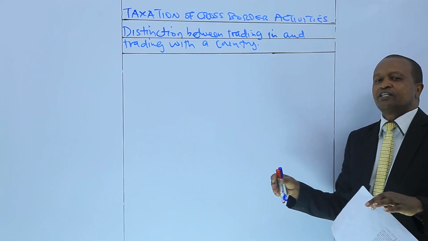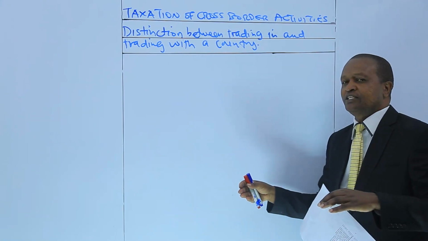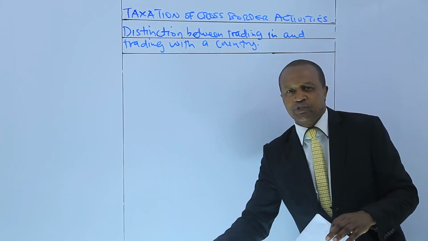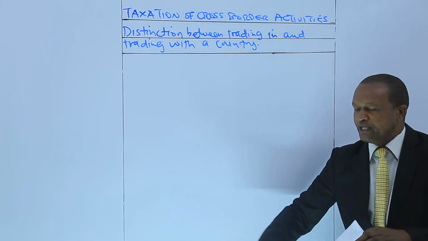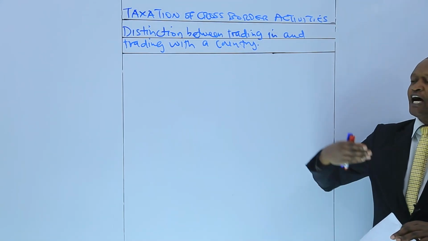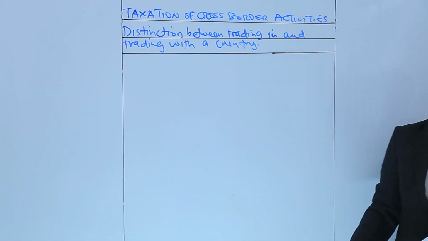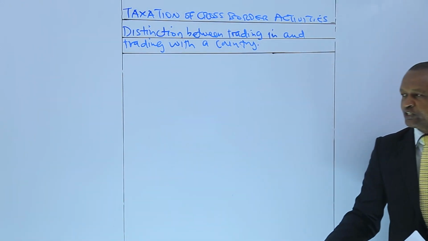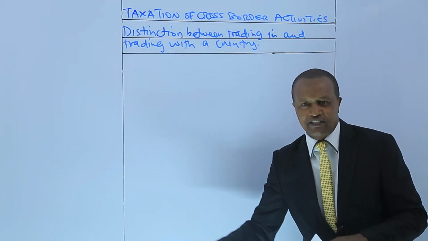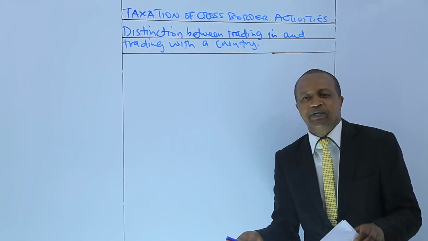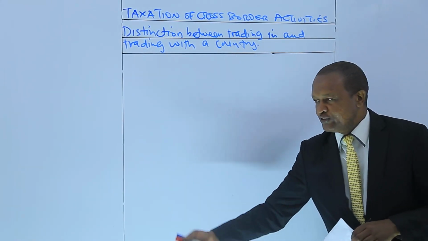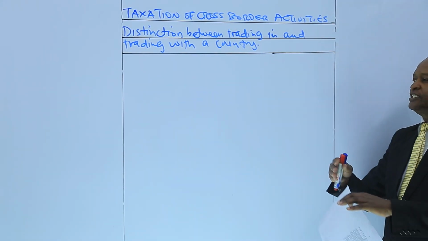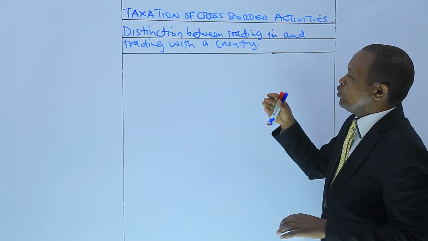Such trade occurs through imports and exports, involving the movement of goods or services across the borders. It is subject to international trade regulations, tariffs and trade agreements between the involved nations. That is trading with a country.